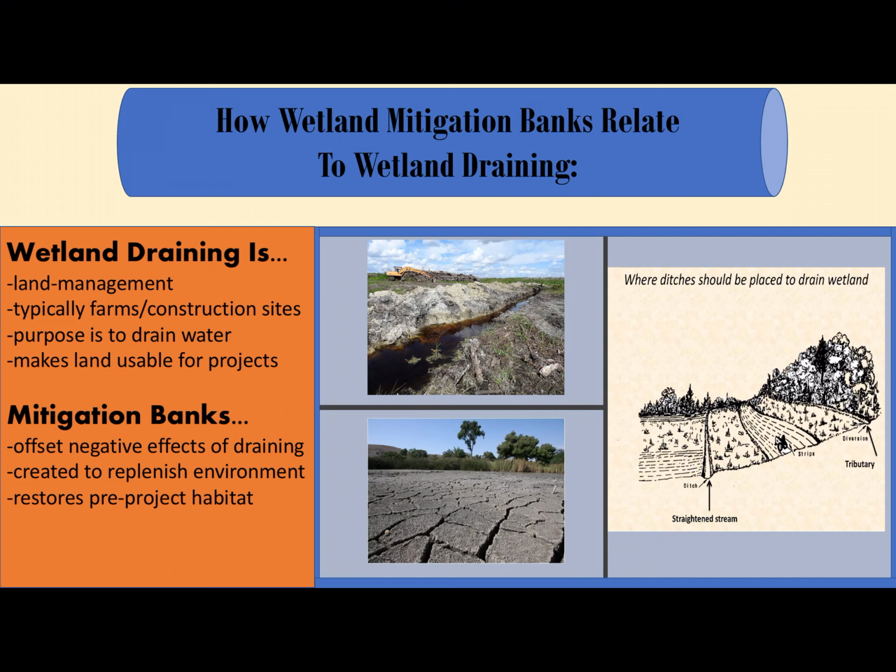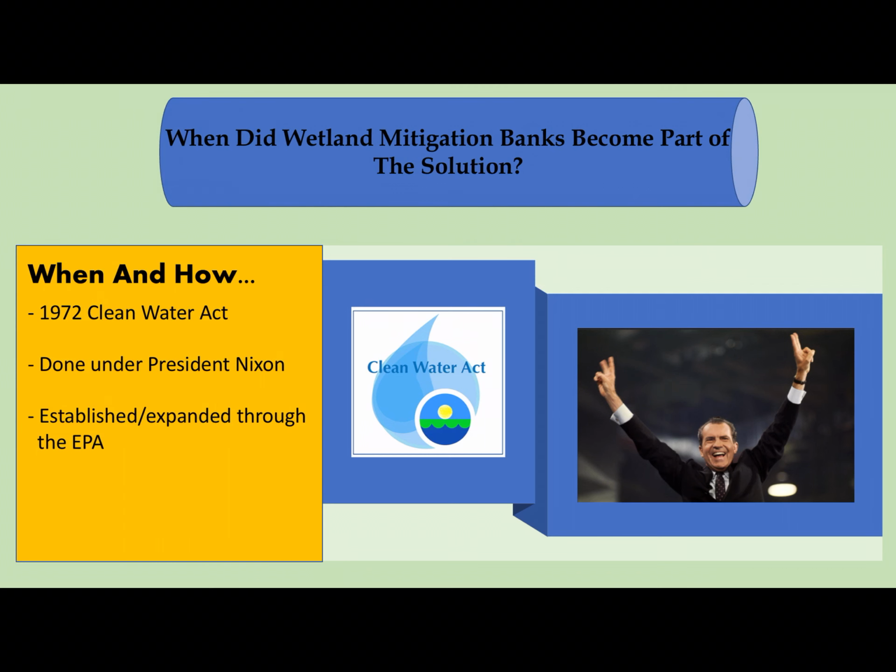the anthropogenic wetland draining. And now the next thing we want to look at is when did wetland mitigation banks become part of the solution? Now, the first time they began to be utilized was under President Richard Nixon, and this was done through his 1972 Clean Water Act, in which it specifically provided outlets to enhance the environment, and one of those was to establish wetland mitigation banks.